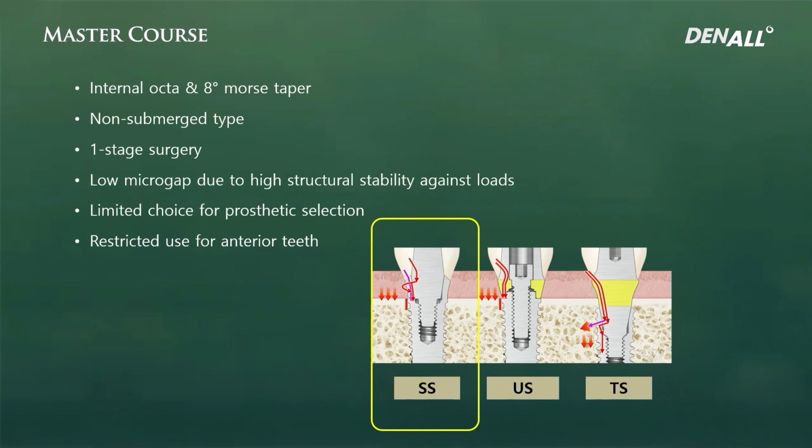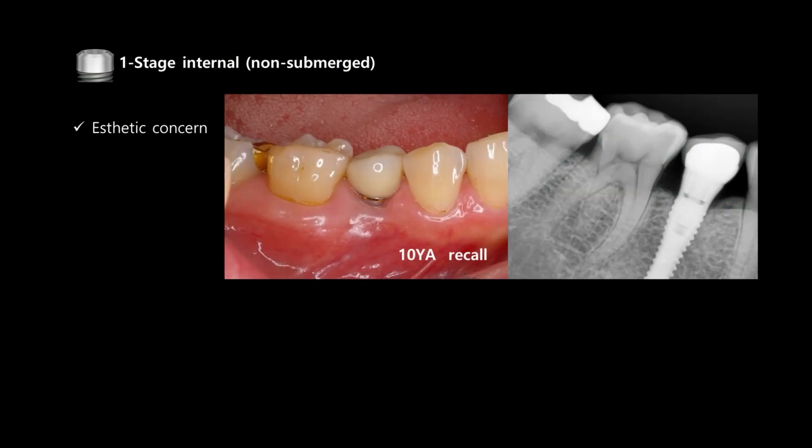As you can see in the illustrations, compared to US and TS, the force applied to the implant is distributed to the surrounding tissues, so structurally it is very stable. On the other hand, it has a collar area and it is placed on the tissue level, not at bone level.